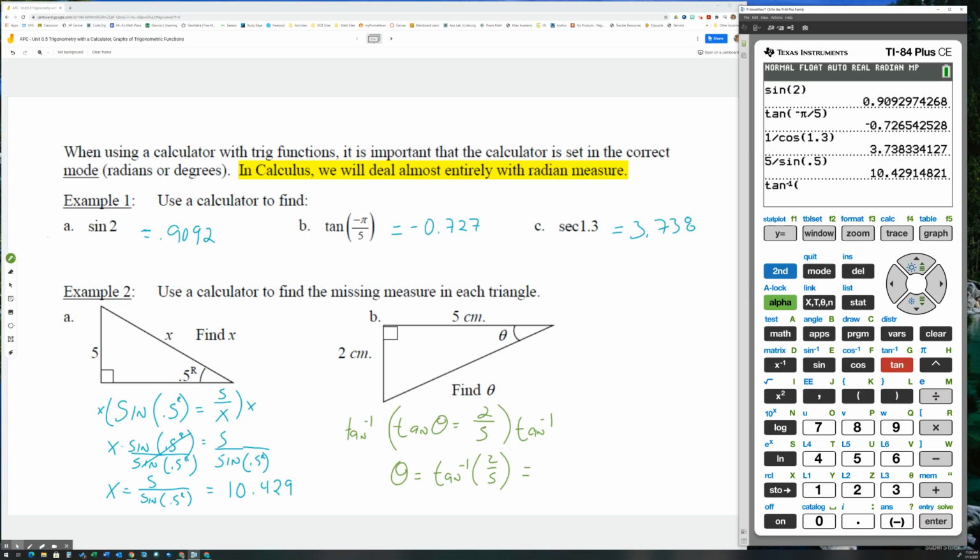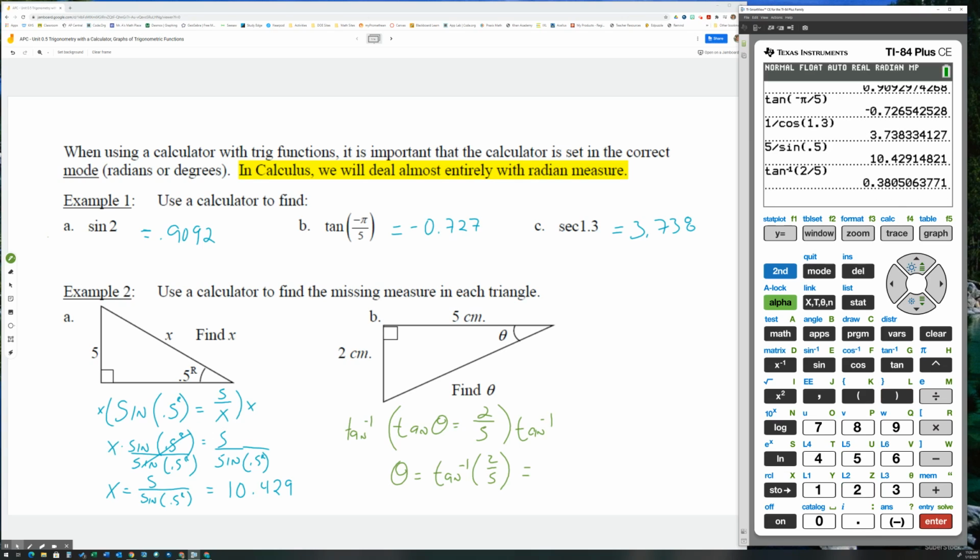That's how you know that you've got the inverse. Plug in your ratio, which is 2 divided by 5, close your parenthesis, and that will give you an answer of 0.381, if we round, radians. So 0.381 radians is the angle that theta represents.